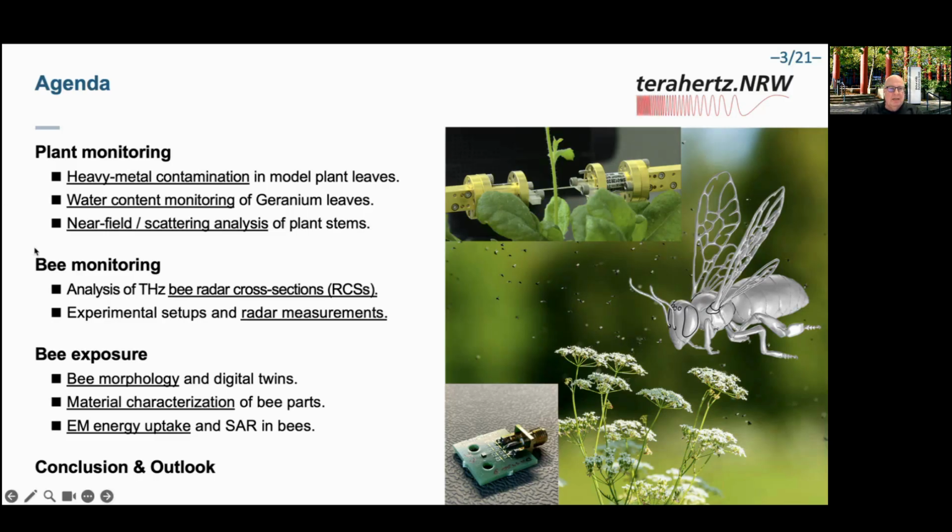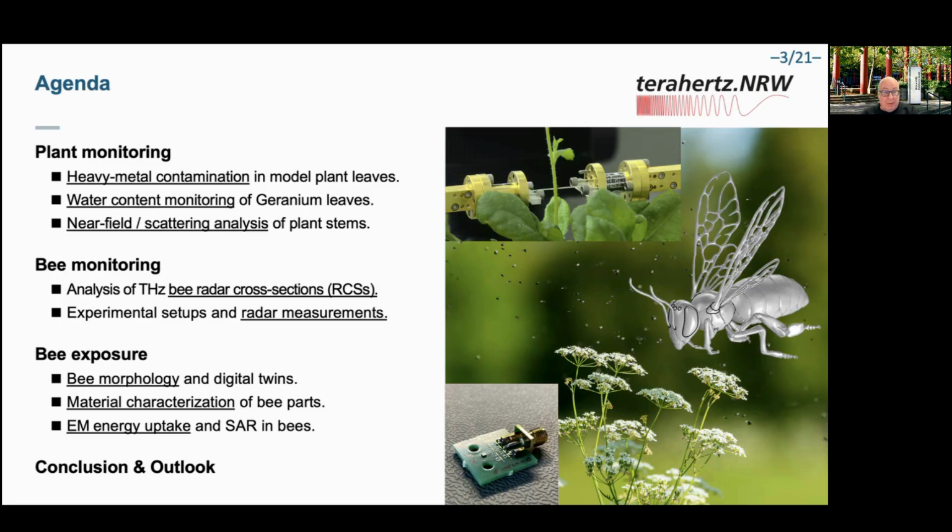We also present some experimental setups and radar measurement setups, including a harmonic radar system for bee tracking. Then the last part of my talk will focus on bee exposure.